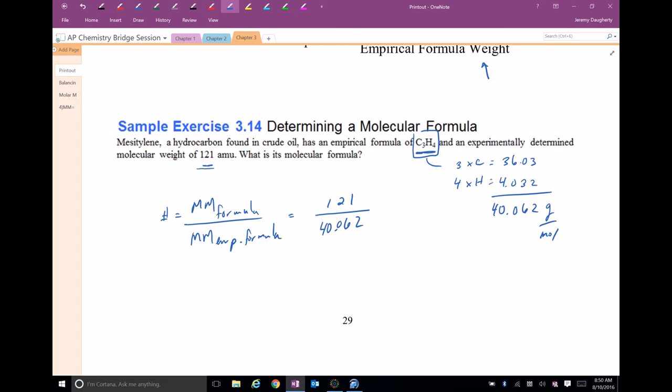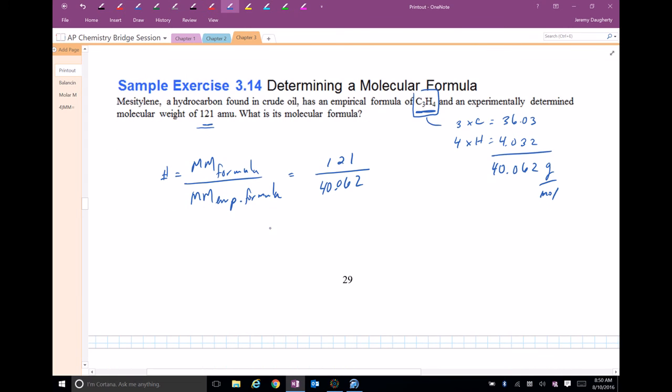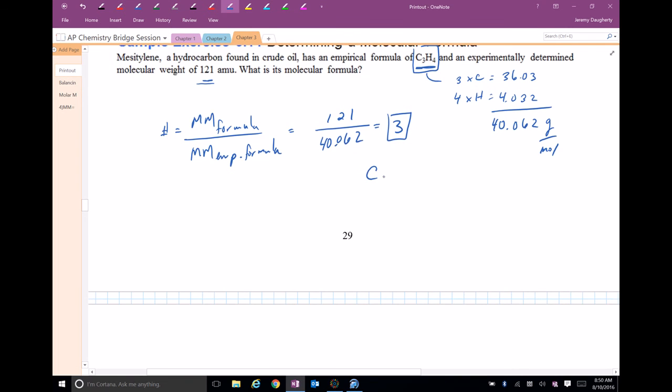So when I calculate that out, I get a number of 3. That's right over here. And so that means that 3 empirical formulas will go into the molecular formula. So in other words, I've got C3H4, and I'm going to multiply by 3. So I end up with C9H12. So that's the molecular formula.